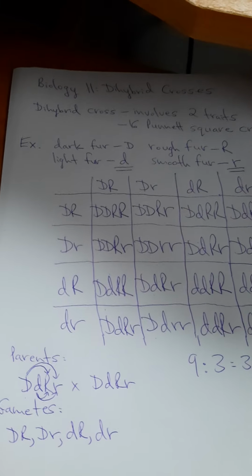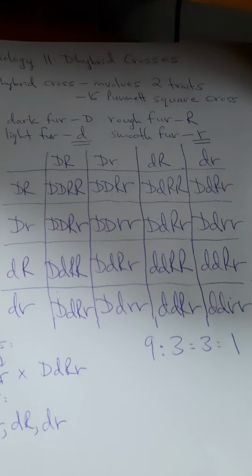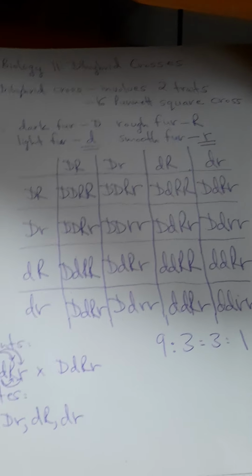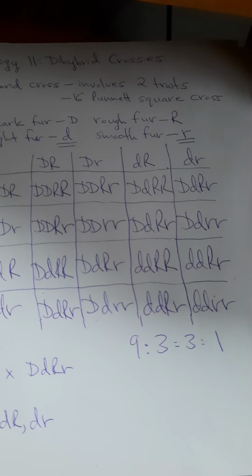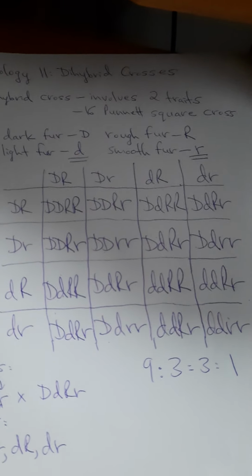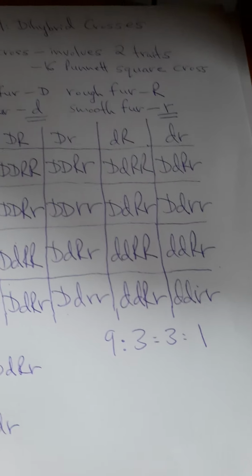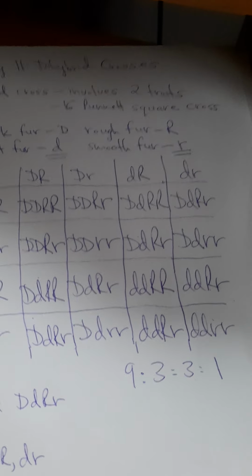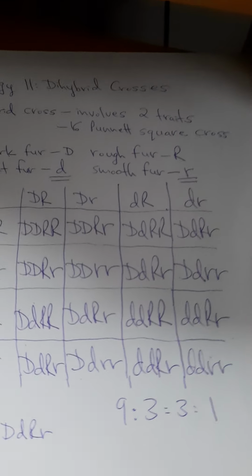All right, and so if you take a look at our table here, I'm going to write down how many. So I have the actual ratio here. And now we're just going to write down what that means.